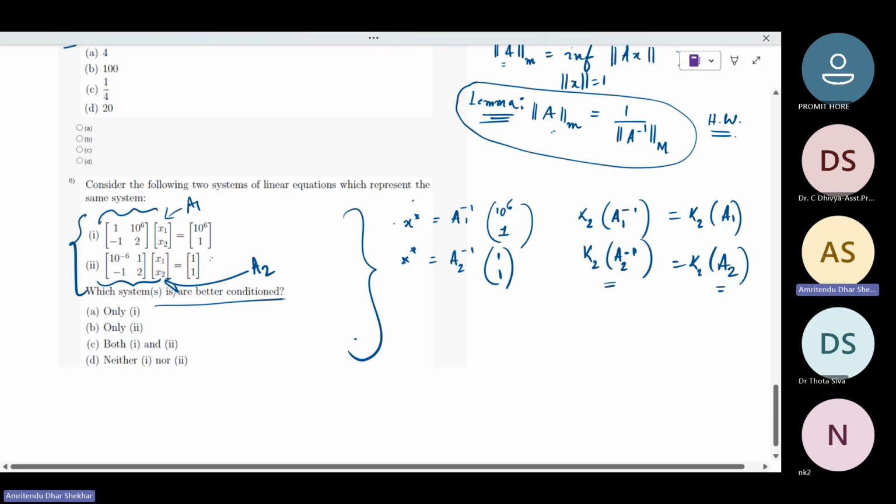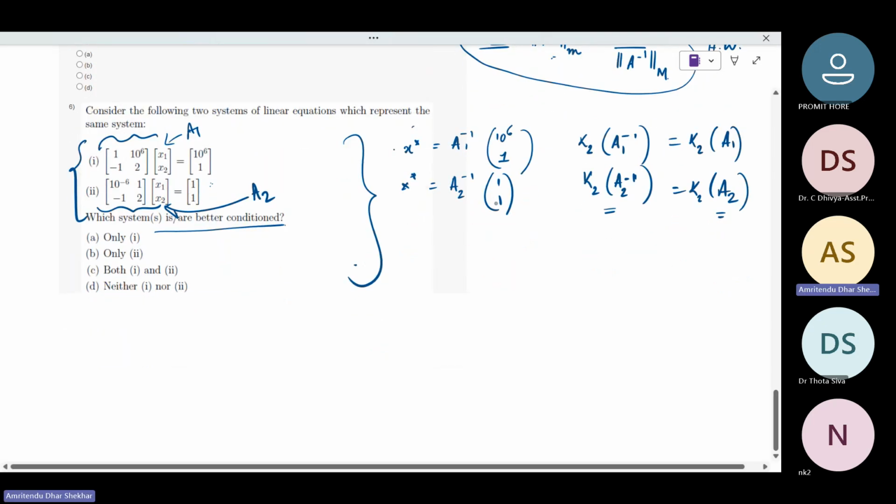So you have to examine the condition numbers of A1 and A2. The system with the smaller condition number is the one which is better conditioned. Hopefully it's clear how to solve this. Just write it down: the smaller condition number is better conditioned.